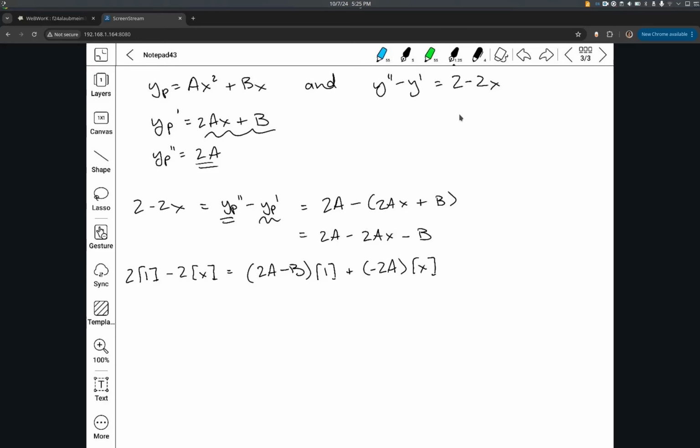And now I just set them equal based on matching the 1 or x. So 2 should be equal to 2a minus b, and minus 2 should be equal to minus 2a, by pairing this and this, and then this and this.